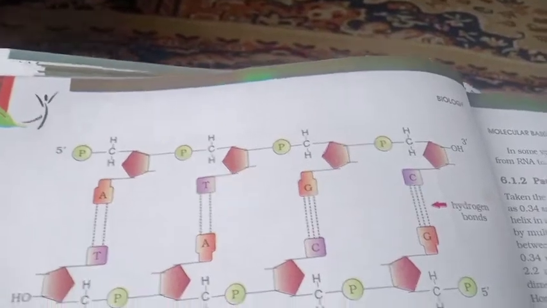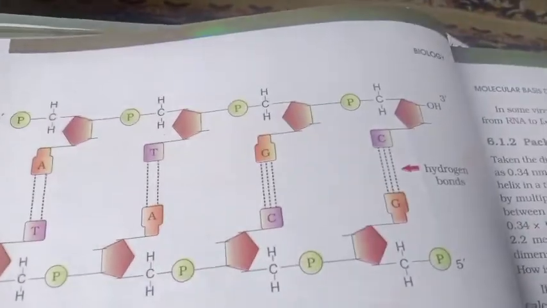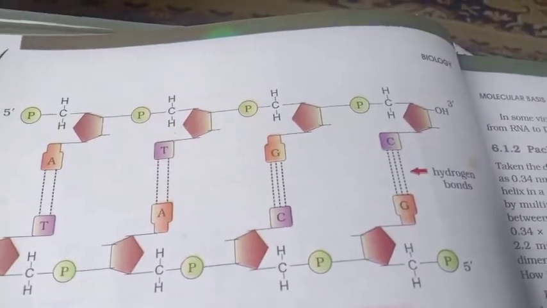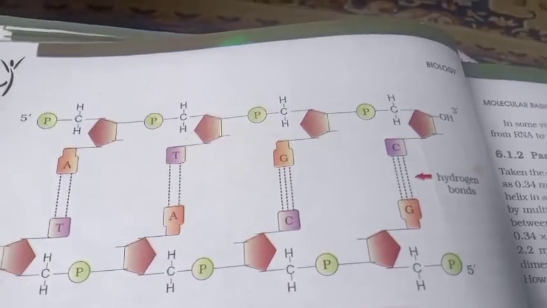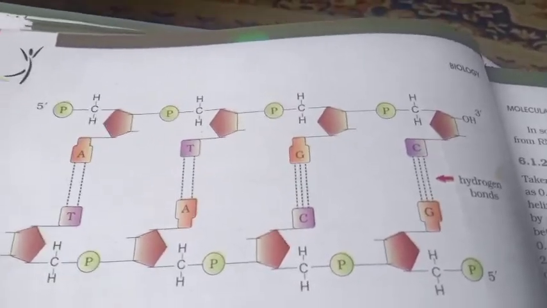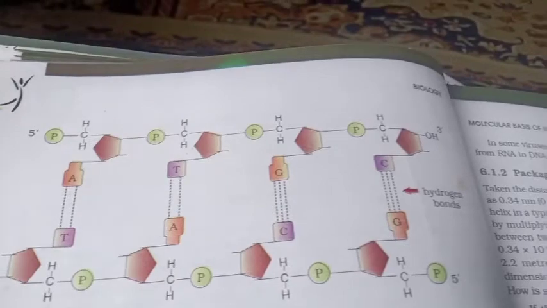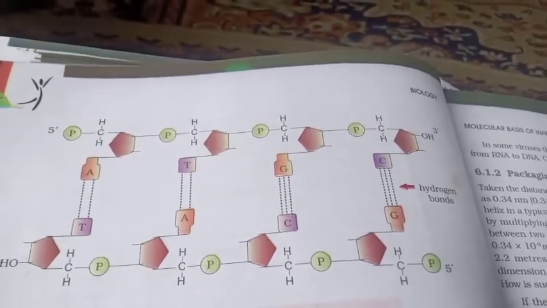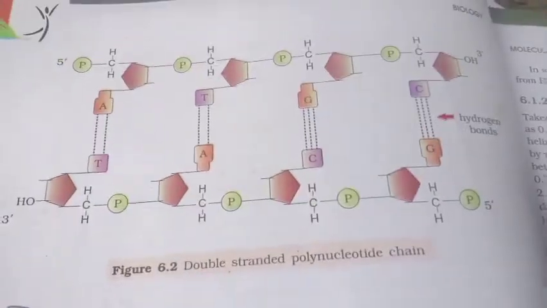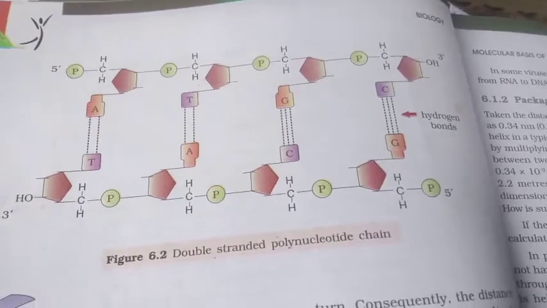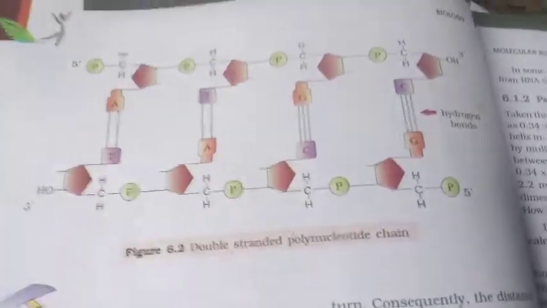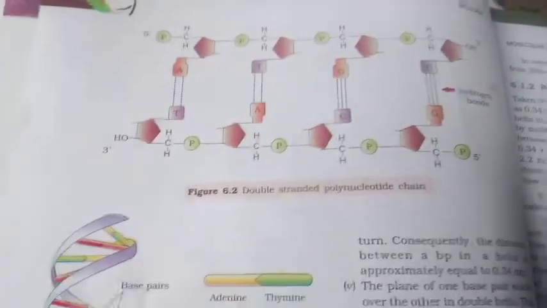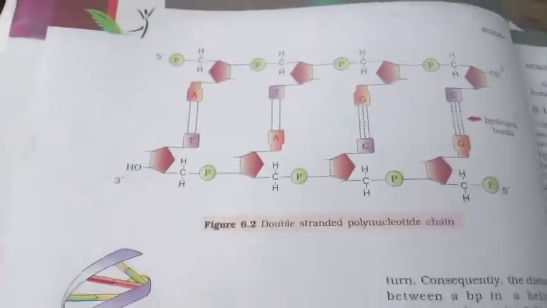Adenine and thymine are connected through double hydrogen bonds, whereas guanine and cytosine by a triple hydrogen bond. Always the two strands run anti-parallel to each other. Now that will come in our discussion about the salient features of this double helix model of DNA.